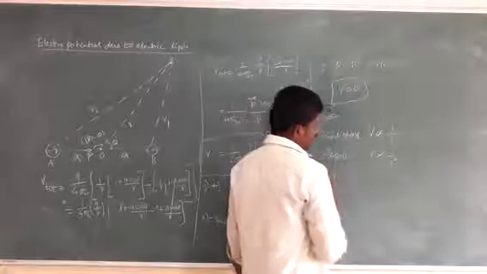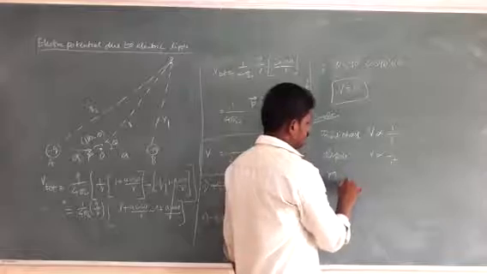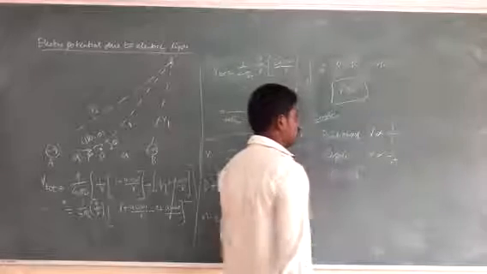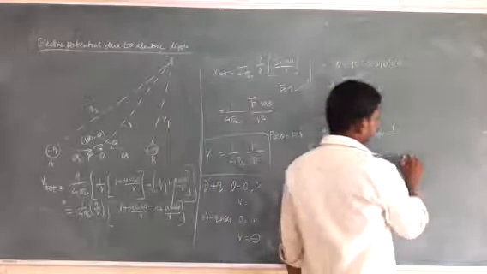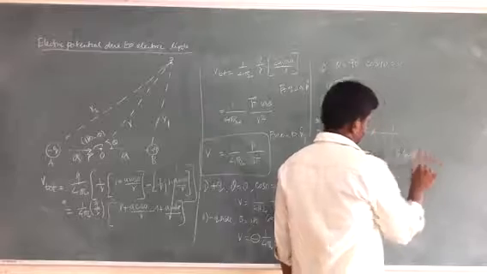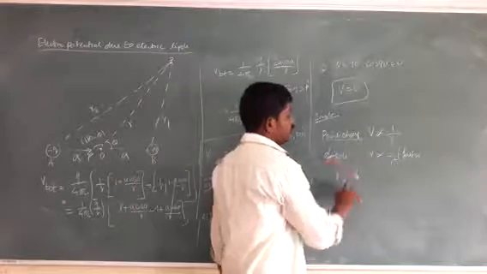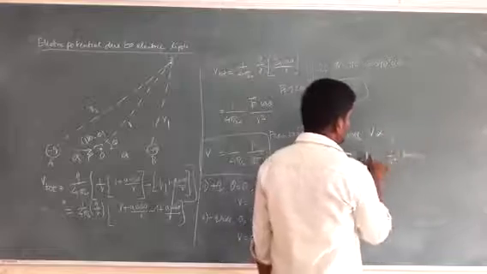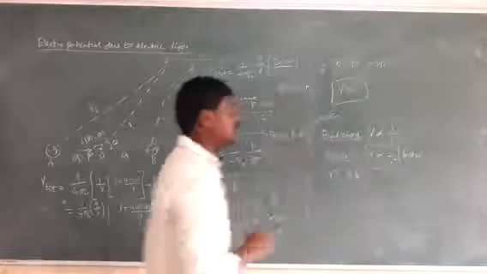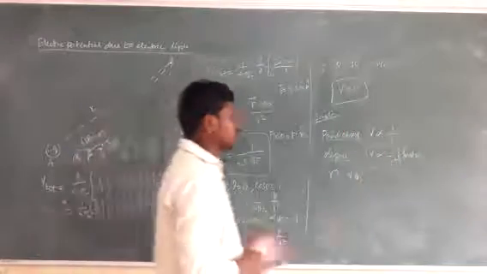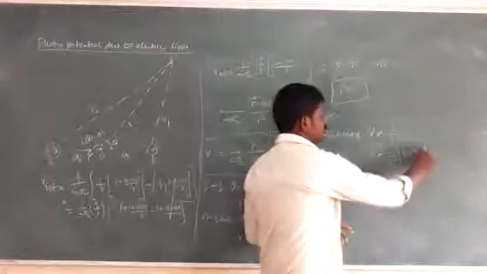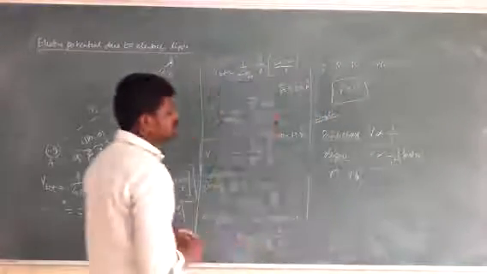If distance increases, potential decreases for both, but here it decreases faster. So if distance increases, the potential of a dipole decreases faster than that of a point charge.